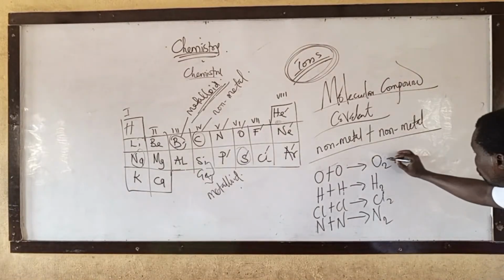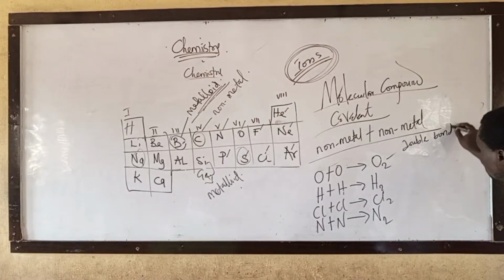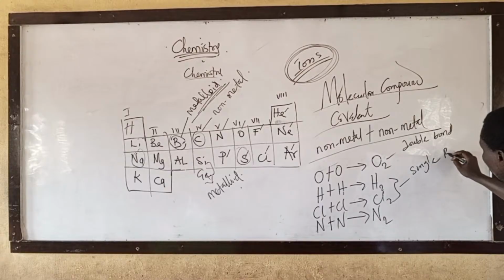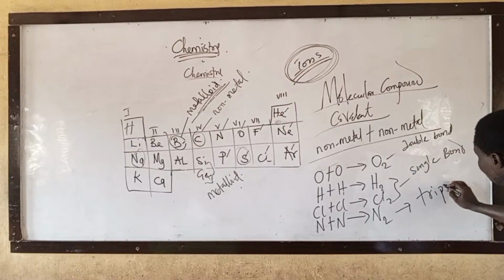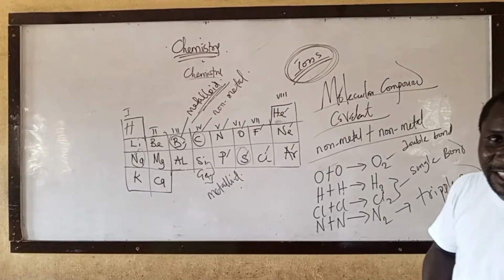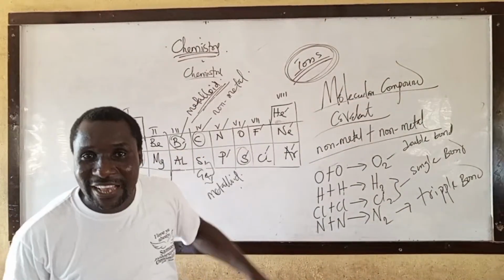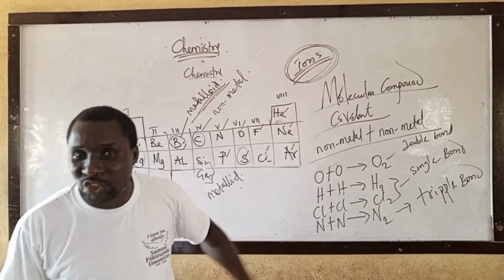This one is a double covalent bond. These two are single bonds. Then this one is a triple bond. When we get to that topic, they will ask, in JAMB, which one of them has the shortest length and which has the highest strength?